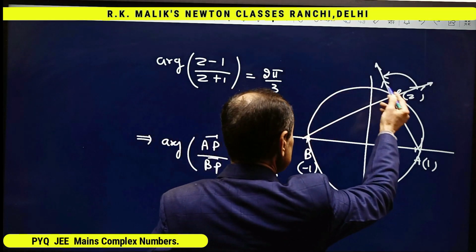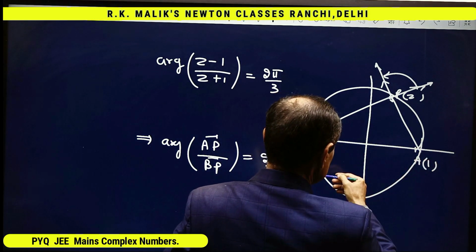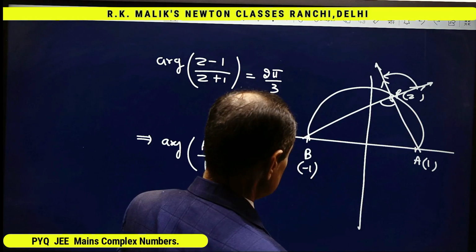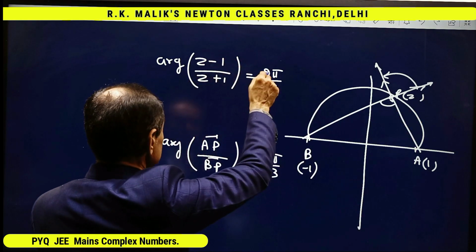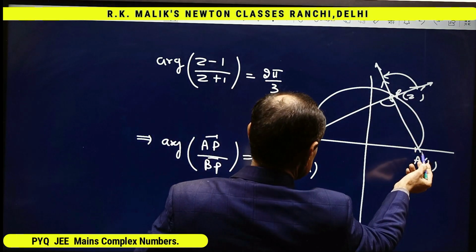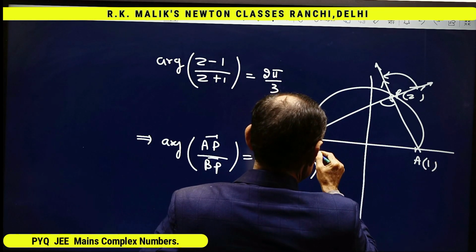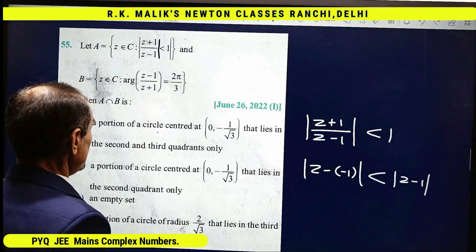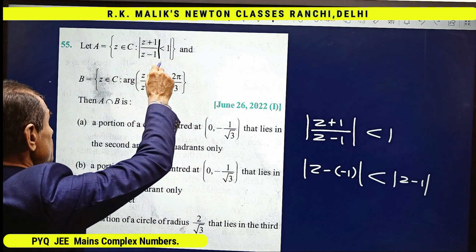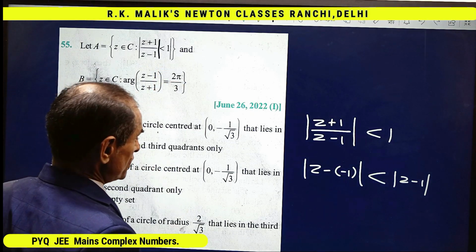Yes, this would be the minor arc of the circle, this would have been the major arc of the circle, because this angle is obtuse. Hence, to satisfy this equation, the complex number should lie on this arc of the circle, excluding the points A and B. And just now I proved that set A represents the set of all complex numbers lying on the left side of the y-axis.